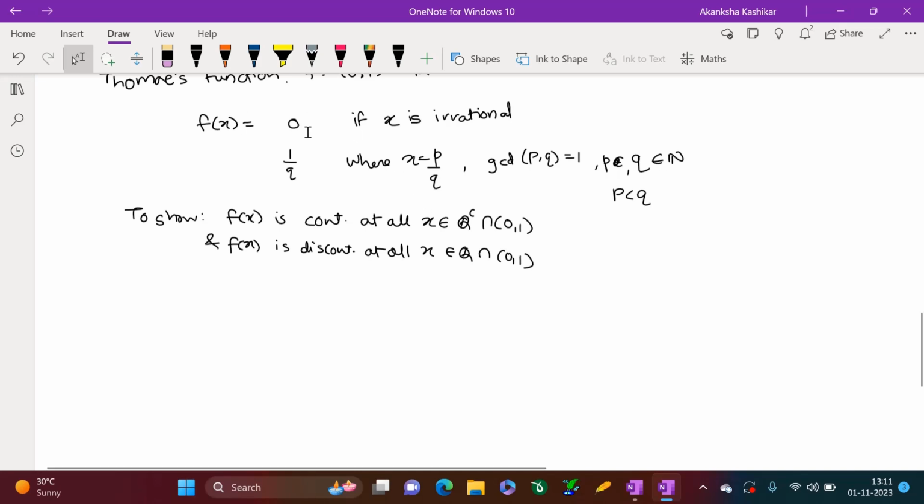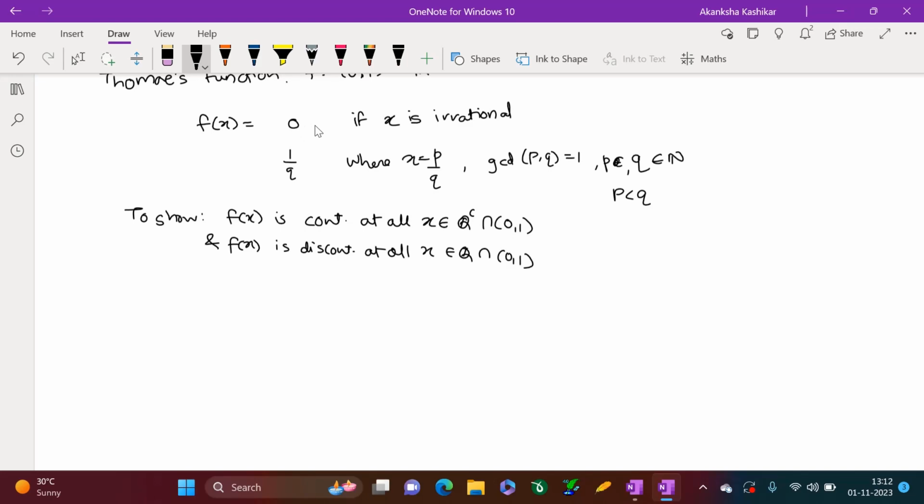See, for all irrationals the value is 0. Okay, and our domain is between 0 and 1. So when my domain is between 0 and 1, I can make this 1/q pretty close to 0, because p and q are in N. As q increases, my 1/q will become closer to 0. So rationals do have a chance of taking functional values near 0. However, on the other hand, irrationals all have only one value, 0.